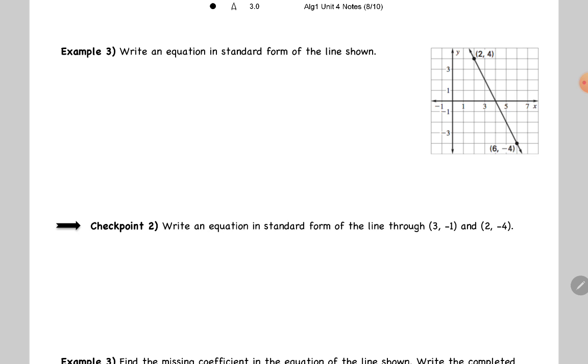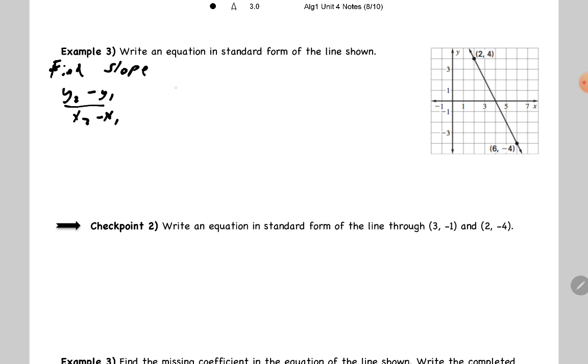So, like most of these, we need to find the slope. Remember, that's y2 minus y1 over x2 minus x1, rise over run.